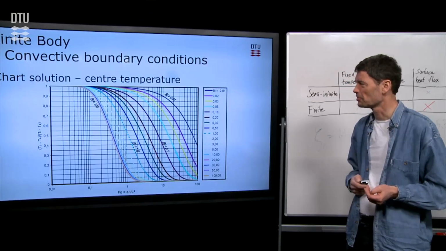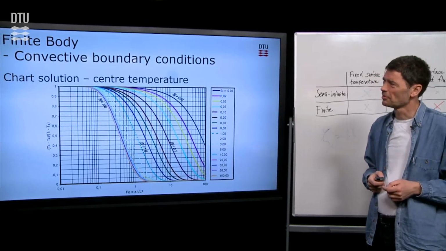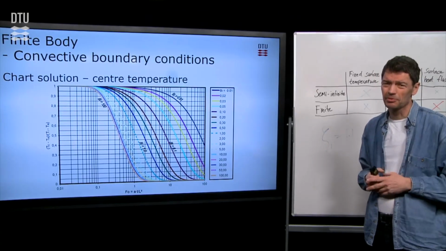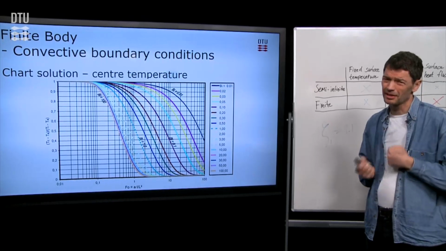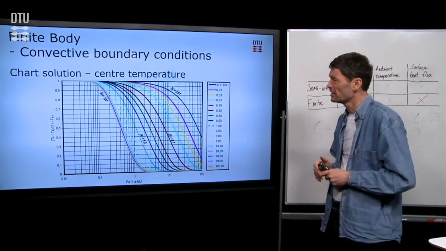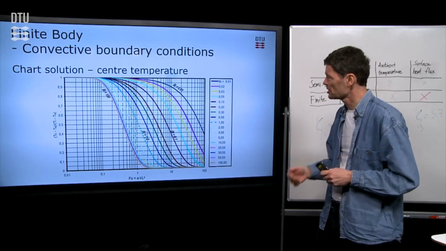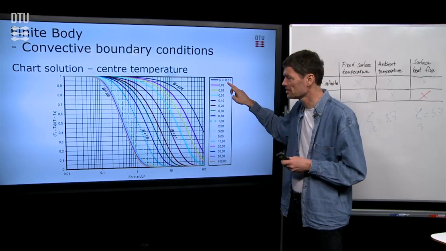So here is a repetition of this, except to say that we also have, as I promised, charts where you don't have to use the formula I just showed. As a very final part, you can use these charts, but then you have to find the Bi numbers. Also, as I said, you very often need to calculate them.